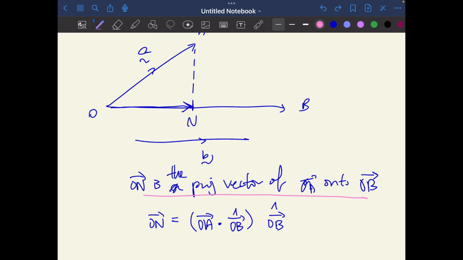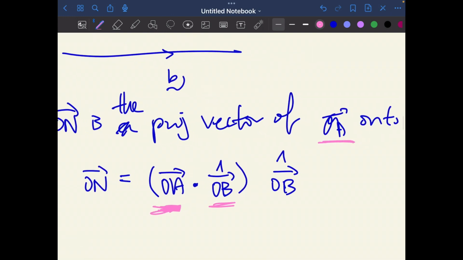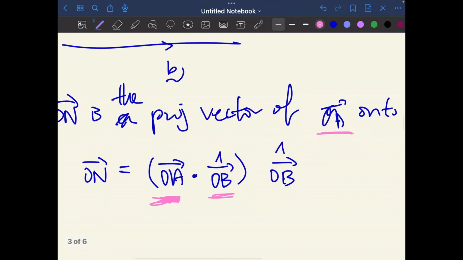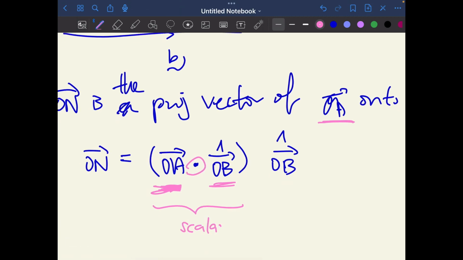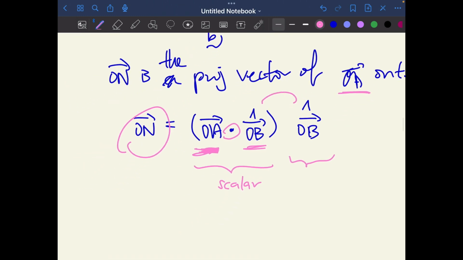Because your OA is first, you can remember that OA is first in front of the formula, and then OB would be your unit vector. OA dot unit vector of OB, as we discussed earlier, the dot product means that this is a scalar product. So because this is your vector, you need your unit vector here. It's the same.